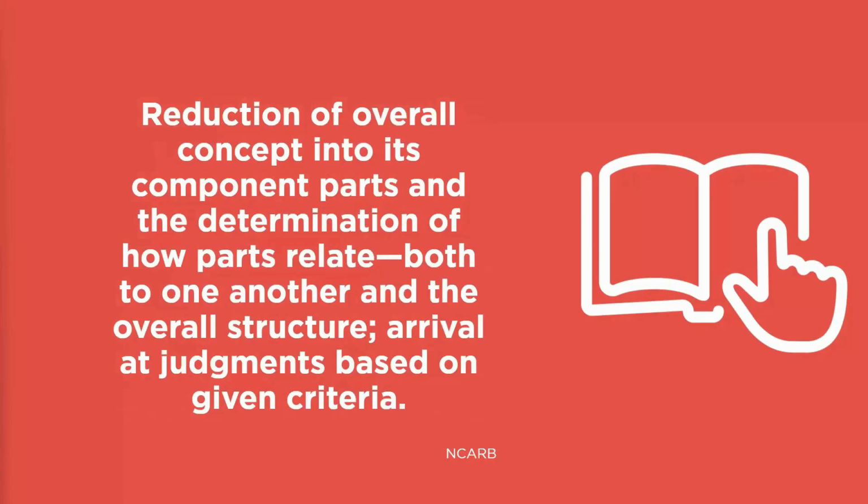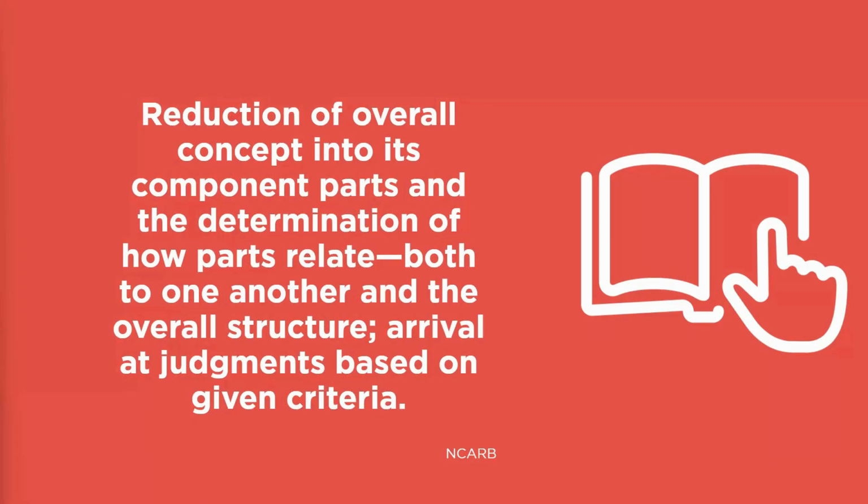Similarly, the A.R.E. handbook does define analysis and evaluation as the reduction of overall concept into its component parts and the determination of how those parts relate, and the overall structure, arrival at judgments based on the given criteria.